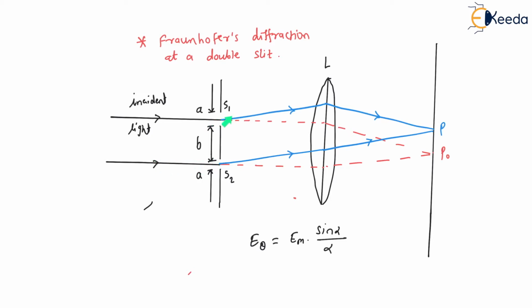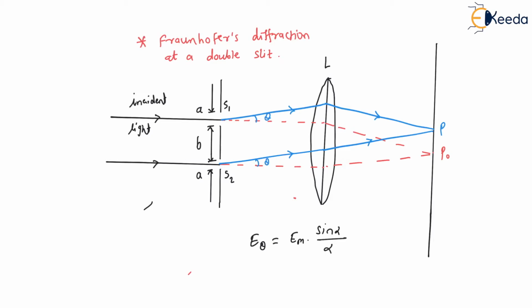Now here, by this red dotted line we have located the central maxima at P naught, and by this blue line we have considered a set of diffracted light which is inclined at an angle theta with this particular normal. So here I'll mark theta.